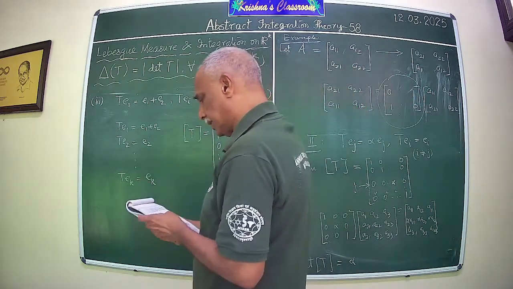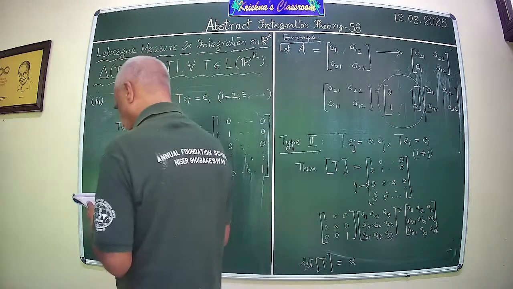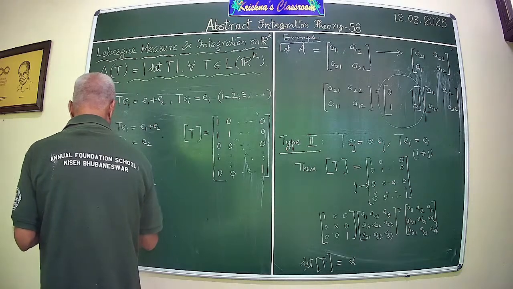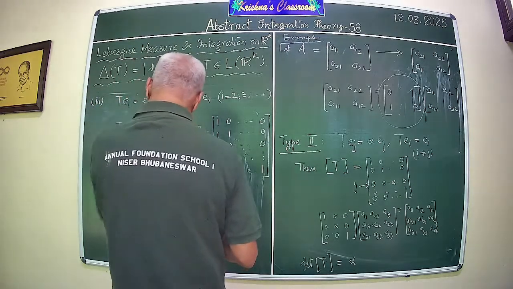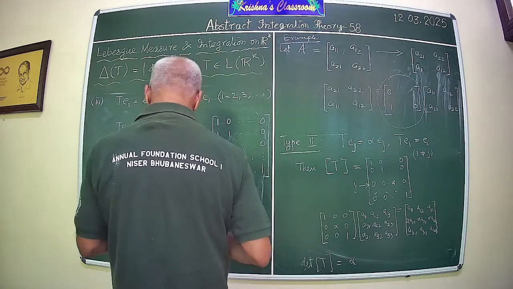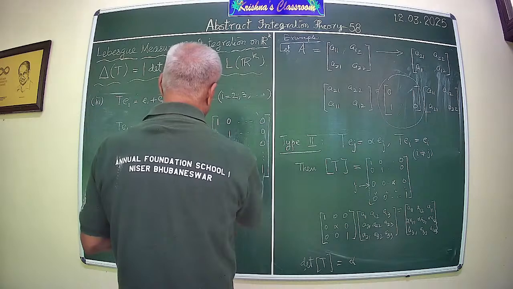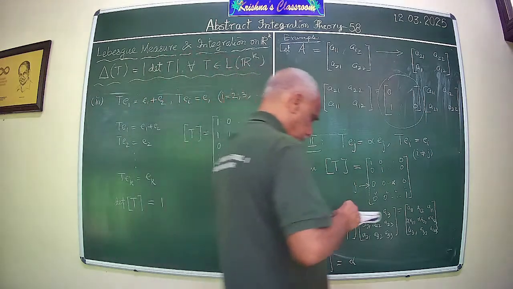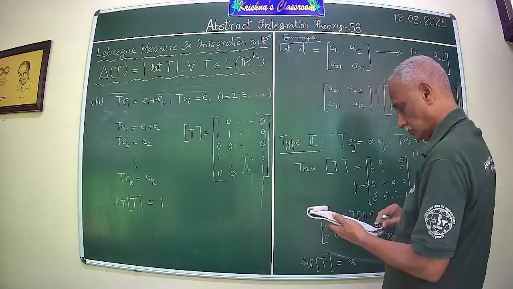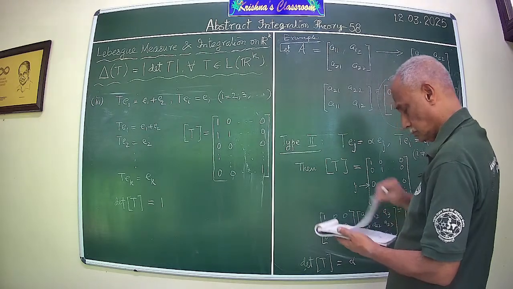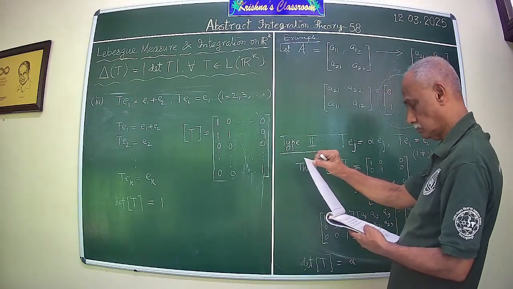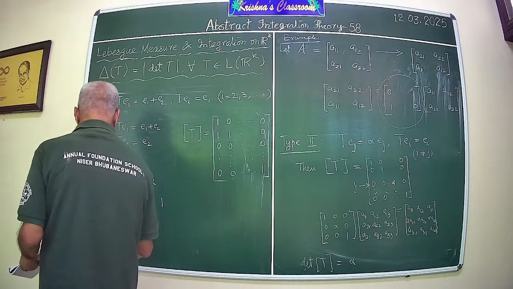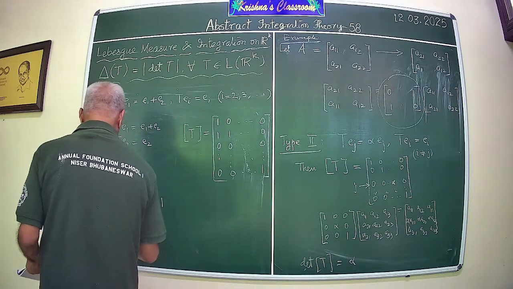Now, what happens to the matrix then? The determinant of T is, now you can look at an example. What does this do?